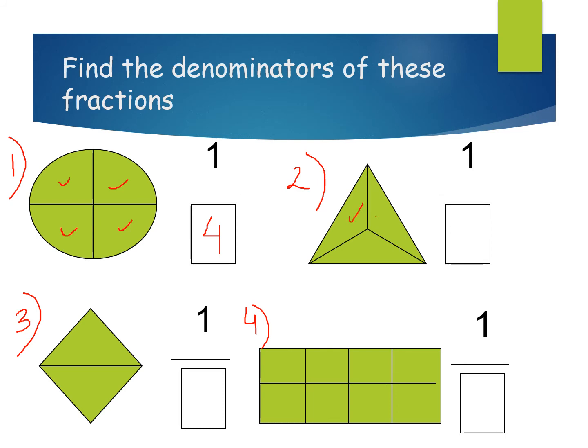First part, second part and third part. So total 3 parts are there. In the third figure, the figure is divided into how many equal parts? Yes, it is divided into 2 equal parts. So the denominator will be 2. In the last figure, the figure is divided into how many equal parts? 1, 2, 3, 4, 5, 6, 7 and 8. So the denominator will be 8.